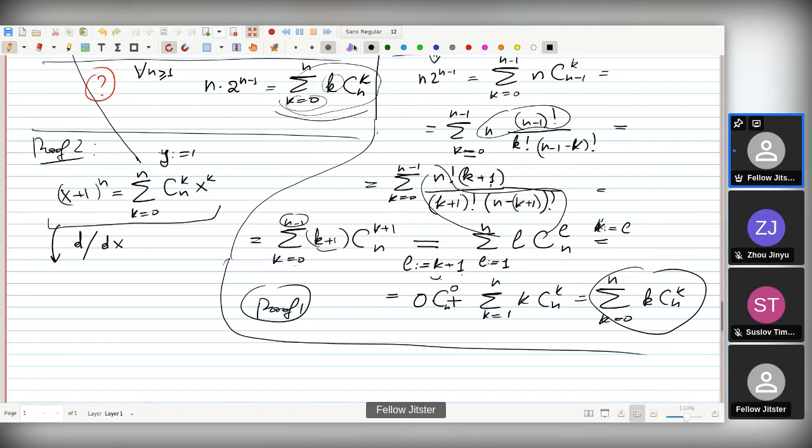Let us differentiate the left-hand side. It will be n times x plus 1 to the power n minus 1. Exactly. And what if we differentiate the right-hand side? For 0, there will be a constant.